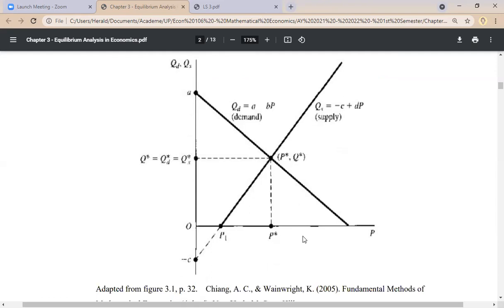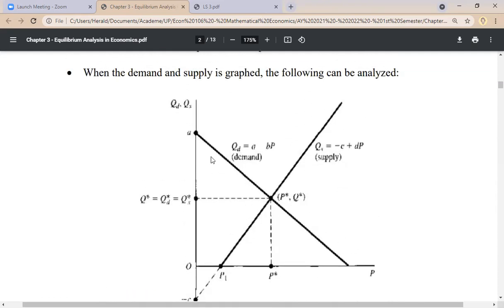At this point, this is the intersection of the demand and supply functions. At this point, we have two elements: a set of ordered pairs where we have an equilibrium price, and we also have an equilibrium quantity.